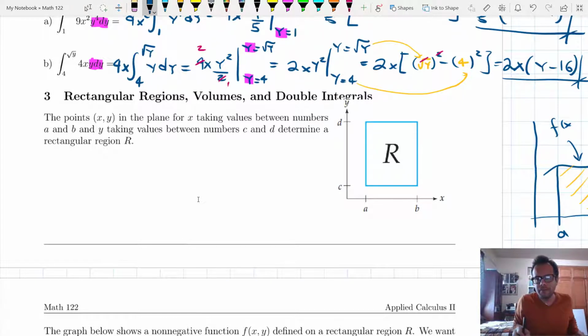You will see the x-axis here, which I'm going to highlight, and then the y-axis. That's what you would see if you viewed the region from the top, in this case, where instead of integrating over an interval, we have double integrals.